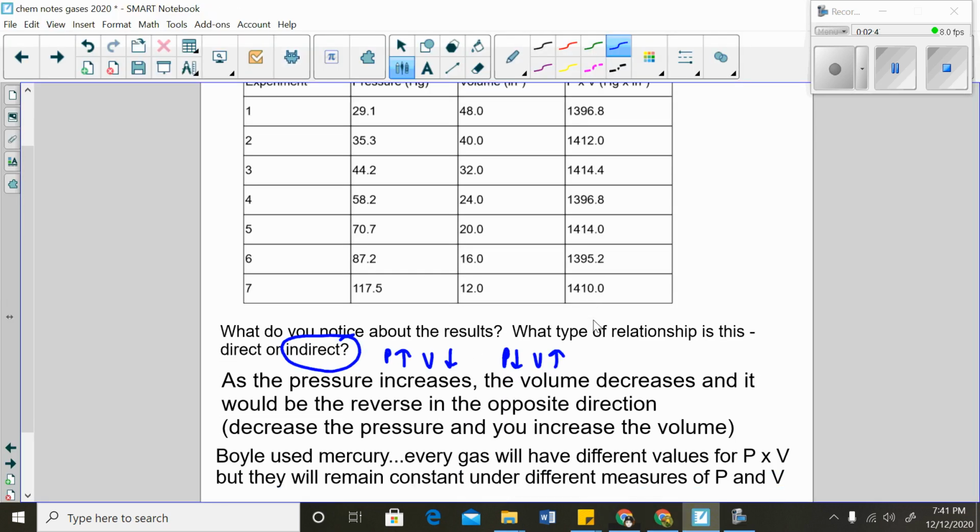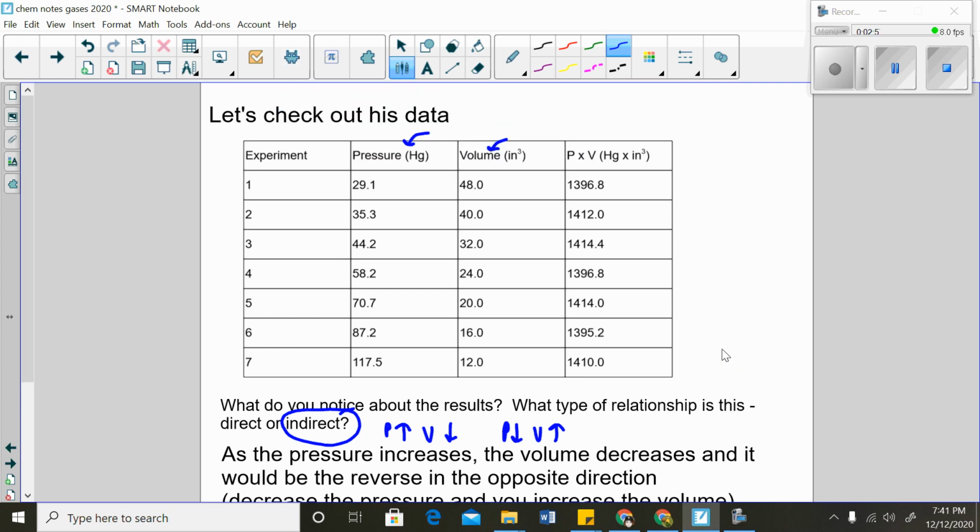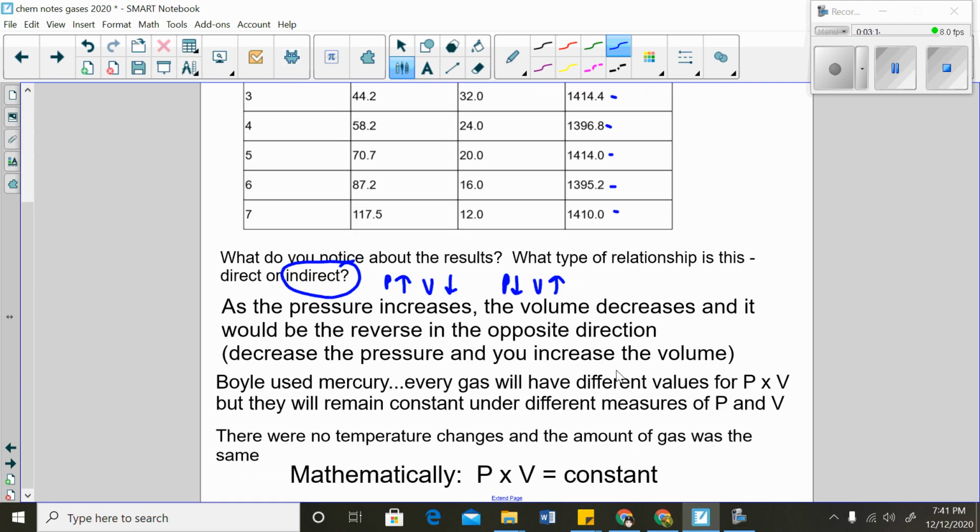Now Boyle used mercury, but every gas could possibly be measured. What he also looked at is this third column. He took the P and the V for each experiment and multiplied them. So this last column is showing the results when he multiplied P times V. What do you notice about these numbers? Doesn't matter what experiment it is, look at those numbers.